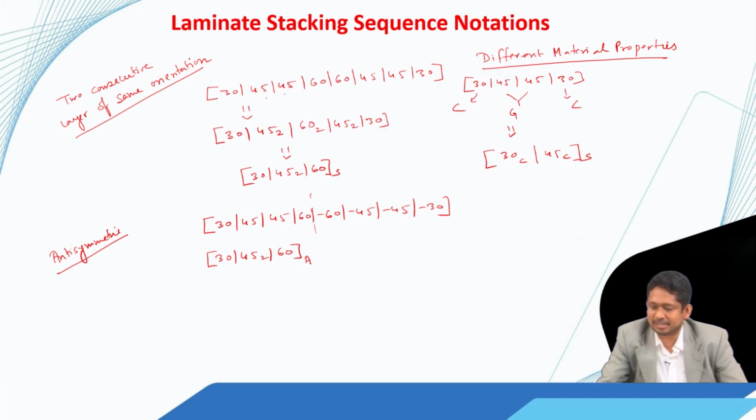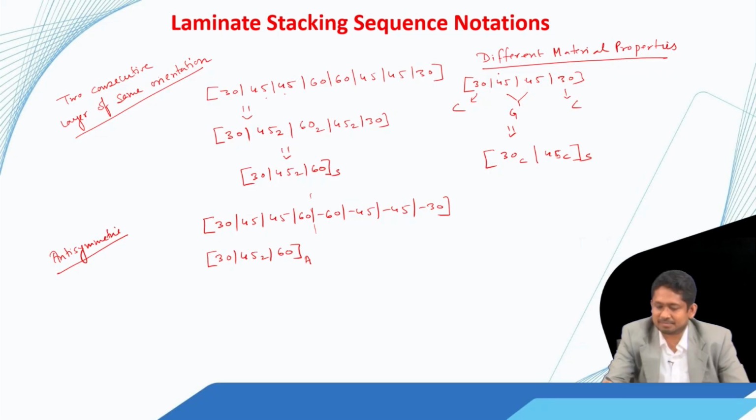Similarly, if there are multiple layers of the same angle, in this case because it was symmetric we did not have to do that. If there were 2 30s, then we could have just put 30 and then subscript 2C, that means 2 carbon fiber layers of 30 degree. It is also possible that the thickness is different.